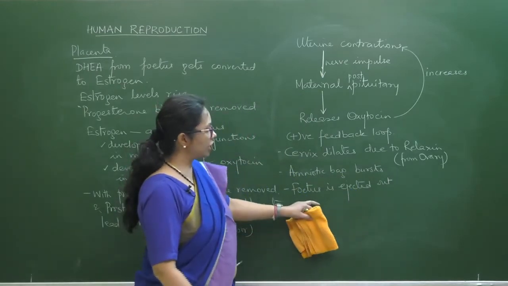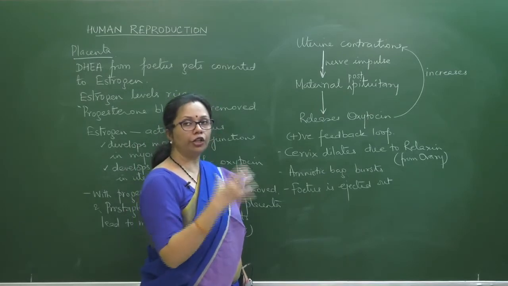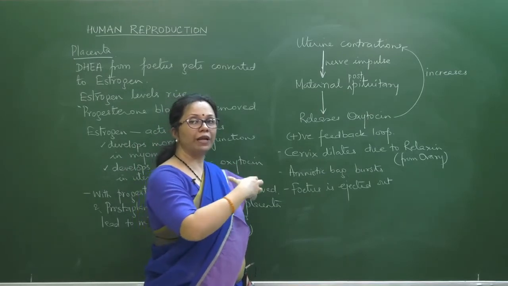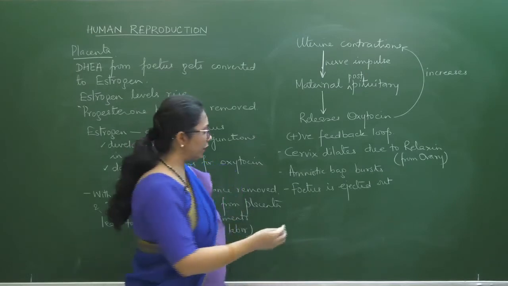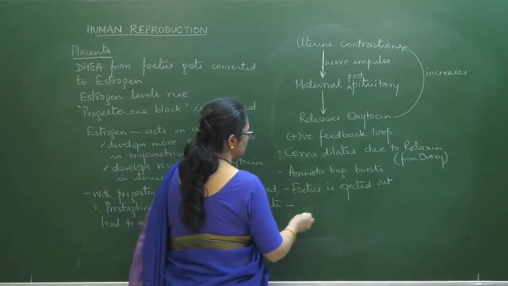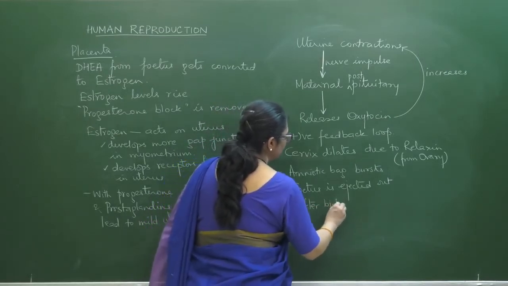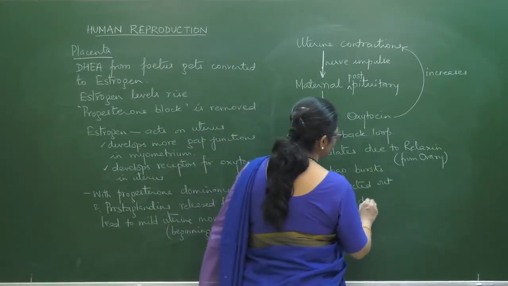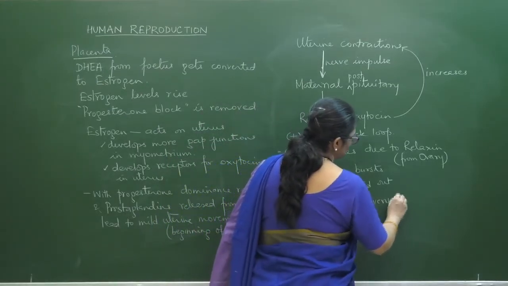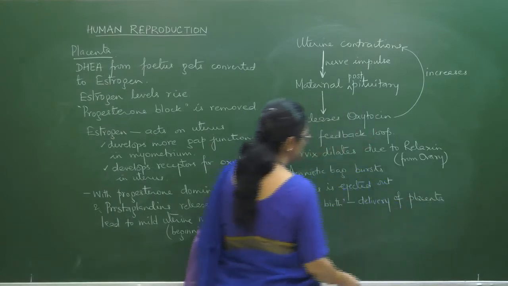Although after the fetus is expelled, it's not that the uterine contractions will stop. They continue, so that finally the placenta also detaches from the uterine wall, and even the placenta gets delivered. So that is called the afterbirth, because that is after the birth of the child. So afterbirth is delivery of the placenta. So the placenta, you see, is still attached.